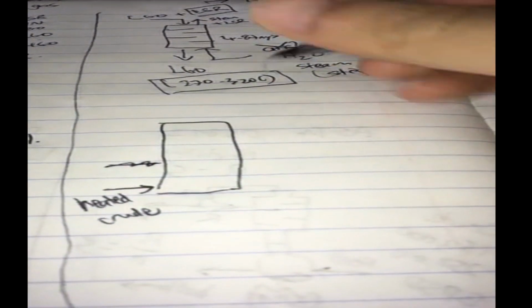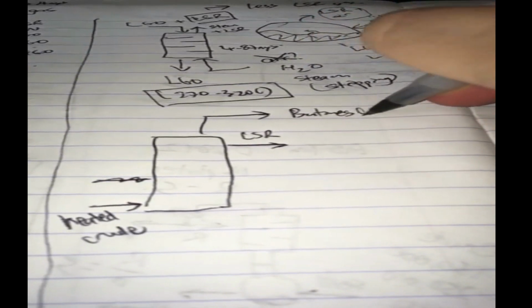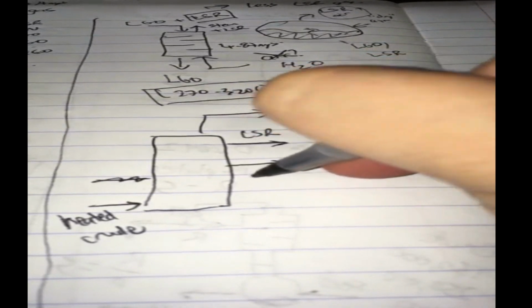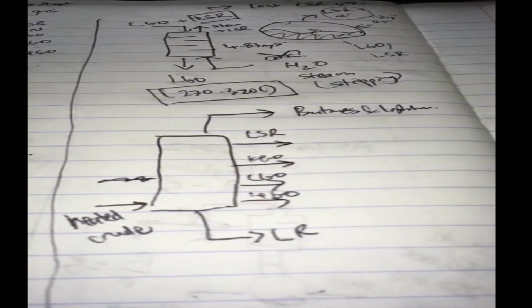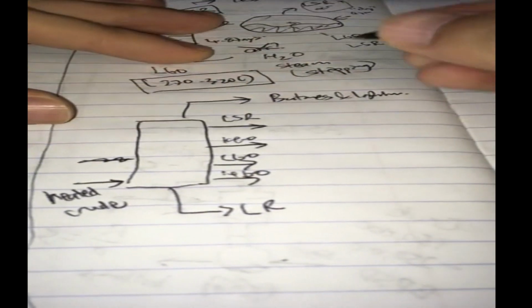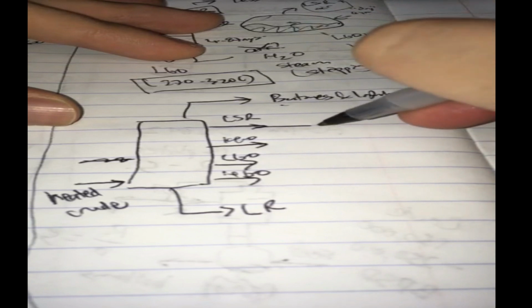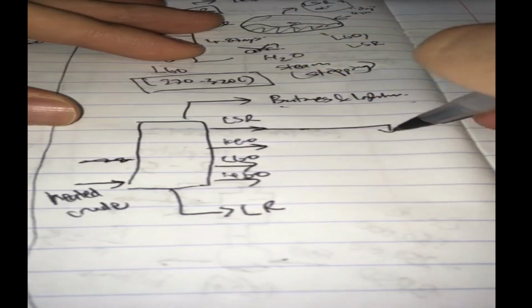Alright, so we have light straight run, we have butanes and lighter or gas, we have kerosene, light gas oil, heavy gas oil, long residue. So light straight runs, we want to evaporate this, the butanes and lighter. So we have a side stripper.